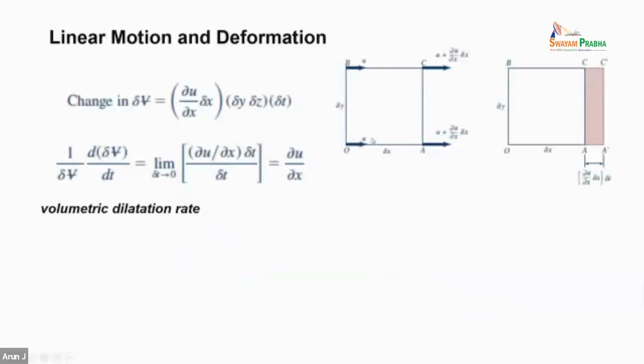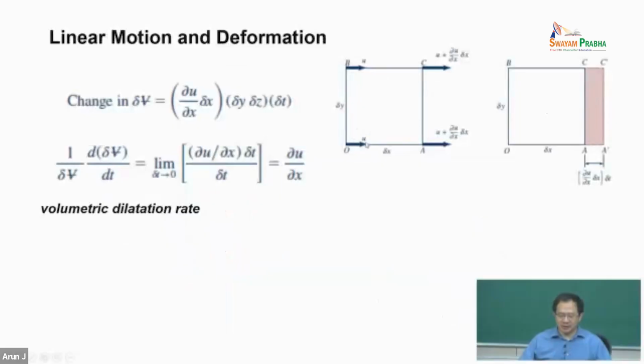Imagine you have velocity in one dimension, u. Over a small distance delta x, the velocity at this point is u plus du/dx times delta x. So what is du/dx? In one dimension, du/dx itself is the volume change rate.